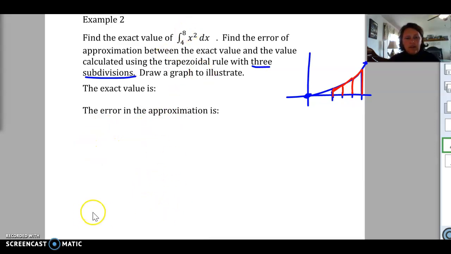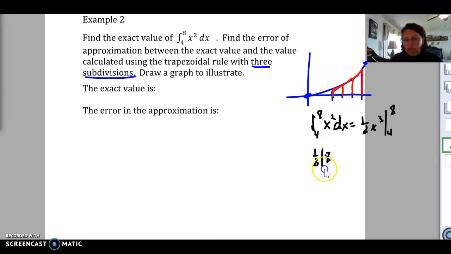We'll find the actual integral first. I'll do it here. Okay, so we have the integral from 4 to 8 of x squared dx is equal to 1/3 x cubed from 4 to 8, which is going to be 1/3 times 8 cubed minus 4 cubed.